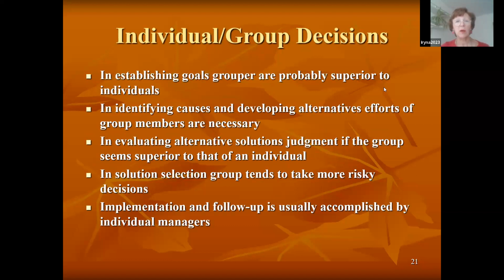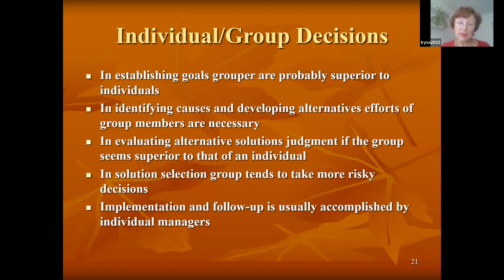So let's see where individual and group decisions are better. In establishing goals, groups are probably superior to individuals. Again, in identifying causes, in generating alternatives, a group works better. In evaluating alternative solutions, the group seems superior to an individual.